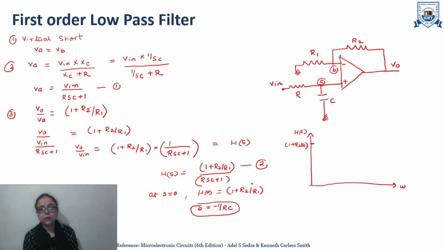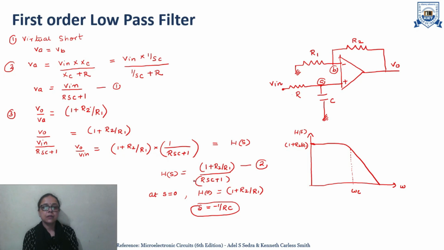And with frequency, as we see, as s increases or frequency increases, the gain will be reduced, and the frequency at which the gain is 1 by root 2 times is the cutoff frequency, and here we will mark this as omega c. It is equal to minus 1 by RC.